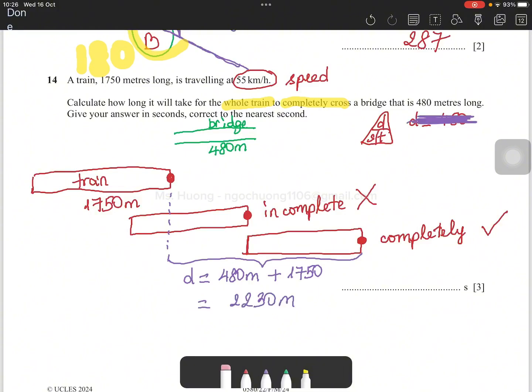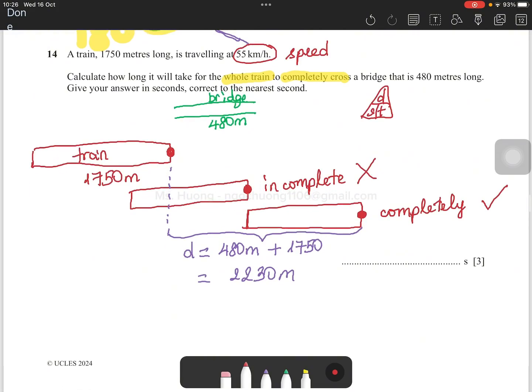And then we want to find the time, and we see that the speed is in kilometers per hour, so we also need to convert the speed from 55 kilometers per hour to meters per second, because we want the time in seconds.